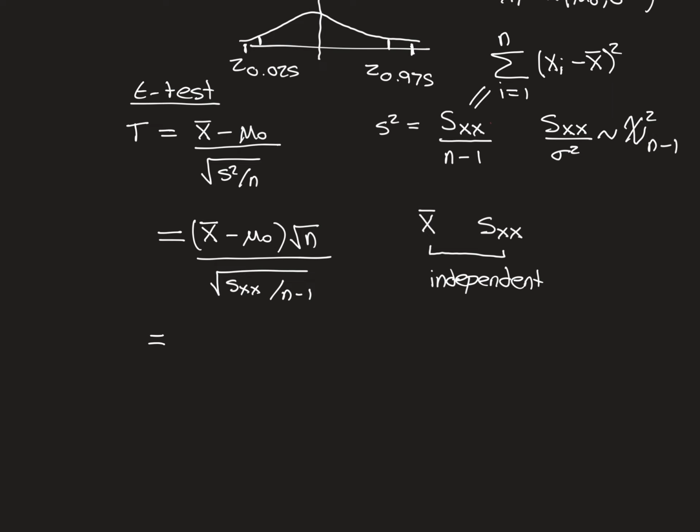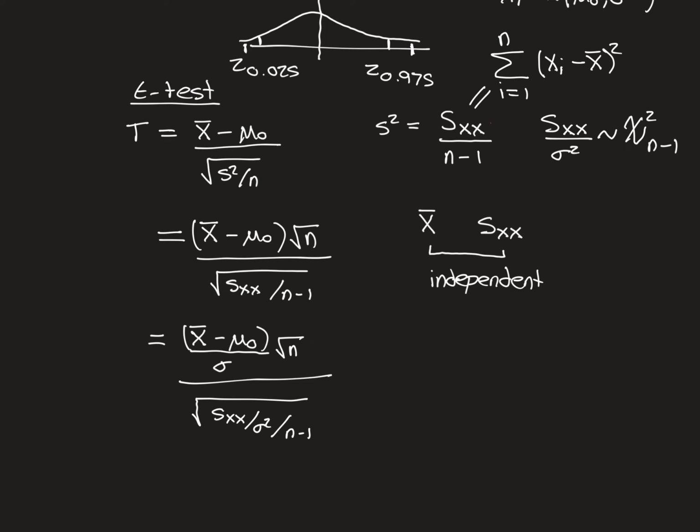So we will multiply top and bottom by 1 over sigma. I think 1 over sigma is the right thing to multiply by. So we'll get x bar minus mu 0 over sigma, which is some constant that we don't know, but it doesn't matter. And then on the bottom, if we're multiplying by 1 over sigma, we can bring it into the square root, and we'll then get the square root of sxx over sigma squared over n minus 1.